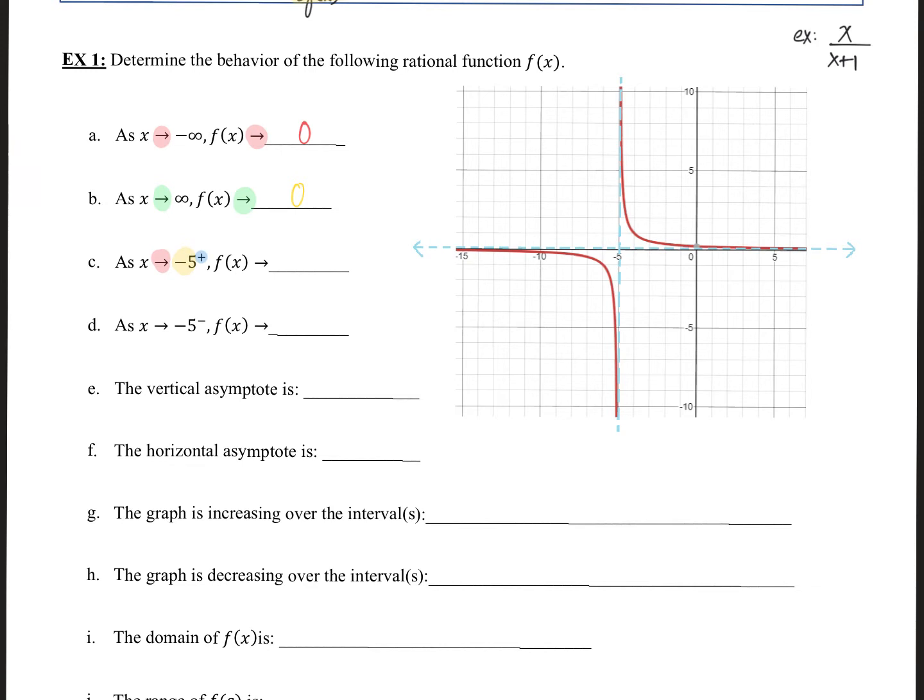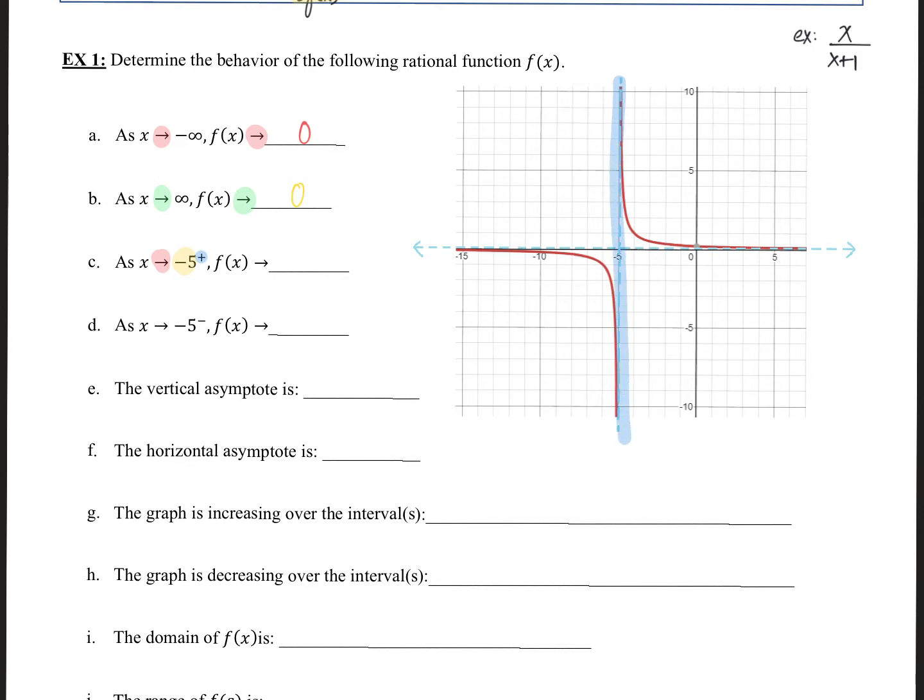When we see that plus sign up there in the top, that would be from the right. What is happening to our f of x value? Let's find the x values on the graph. The x values are approaching negative 5. Negative 5 is right here where that little blue dotted line is.